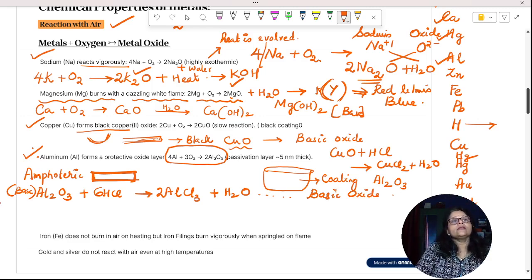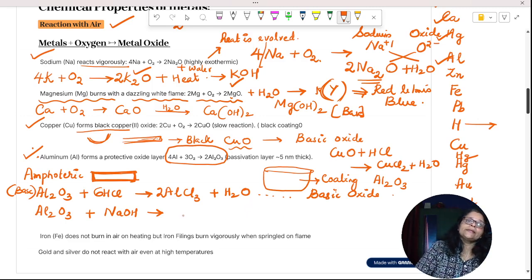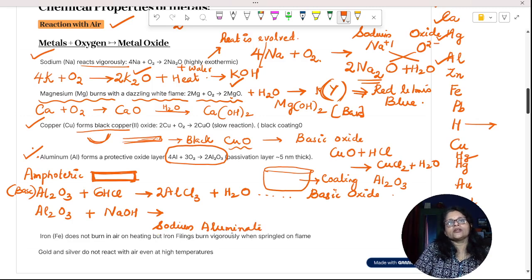Then in another case, the same aluminium oxide can also react with a base. NaOH is a strong base. It reacts with the strong base to form sodium aluminate. So the metal comes first, then comes the later part, aluminate. It is a special kind of compound which is formed, and the formula is NaAlO2 plus water.